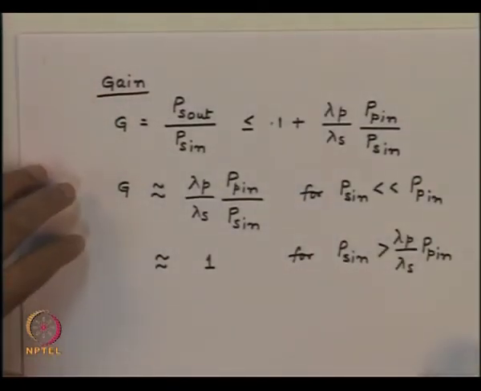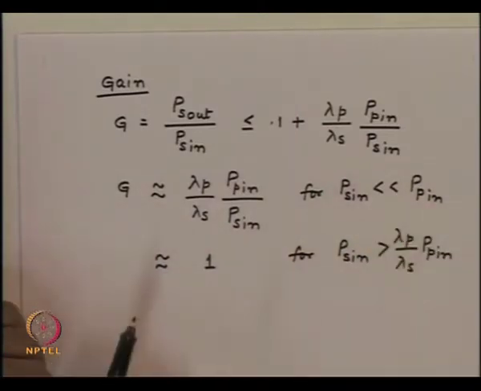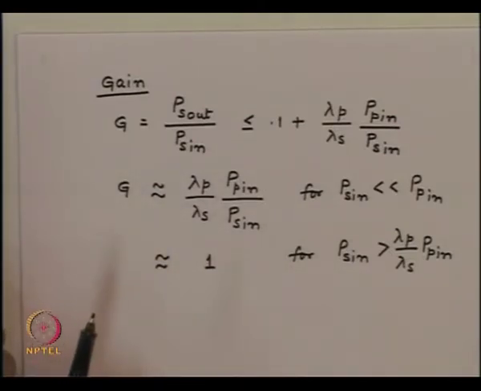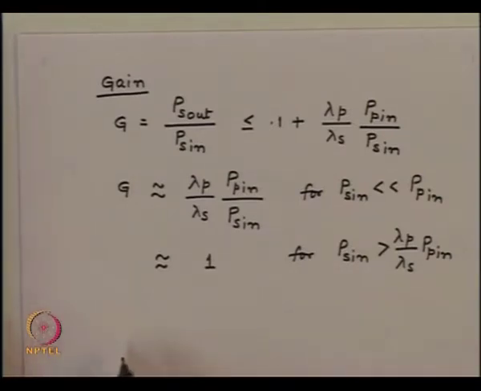So then one can say that for a desired gain and for a given pump power, there is a maximum power which should be given to this amplifier. There is a maximum value of the signal input which can give you the desired gain, and that we can get from inverting this relation.